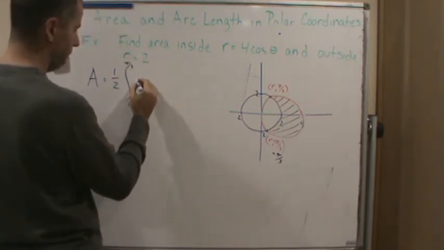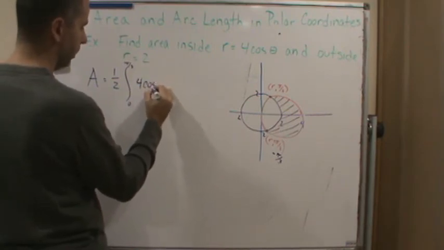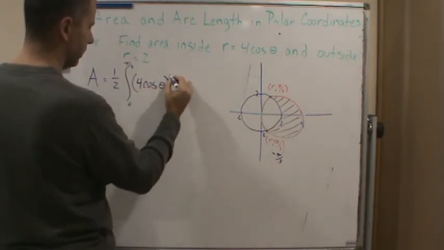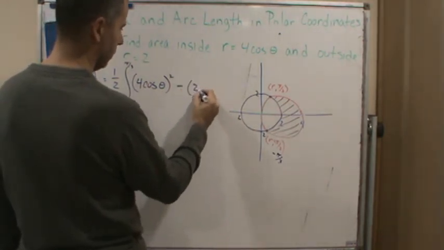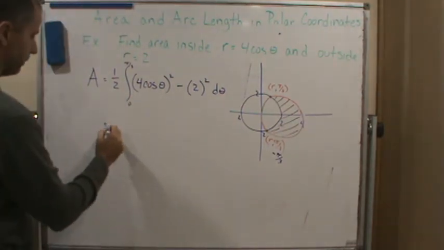So let's go 0 to pi over 3. And we're going to say 4 cosine theta squared minus 2 squared d theta. And again, we'll just simplify this.